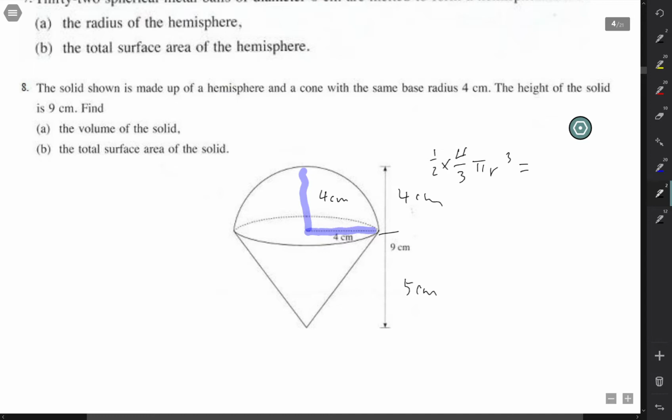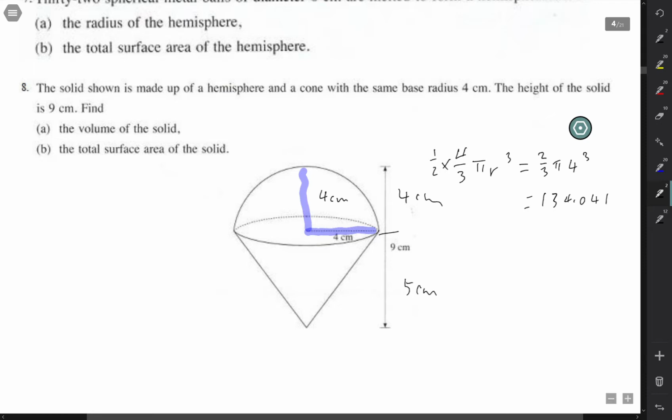So half times 4/3 pi r cubed, we get 2/3 pi 4 cubed. Okay, let me just fast forward to the answer. So the volume of the hemisphere, 2/3 pi 4 cubed, is something like 134.041 cm cubed.